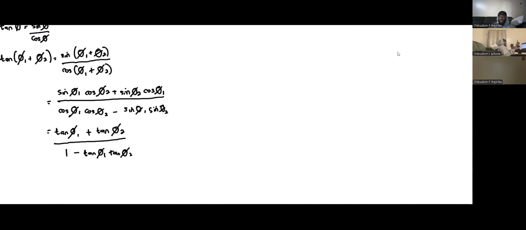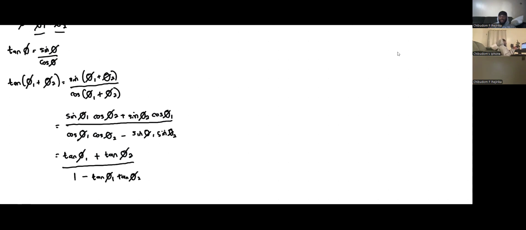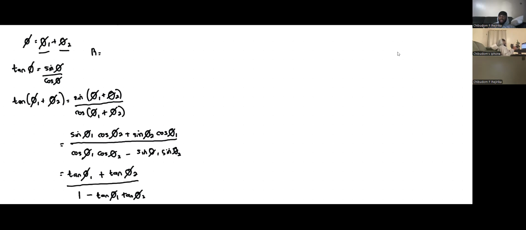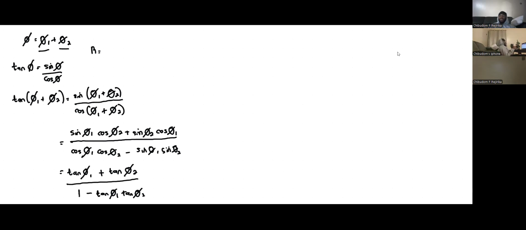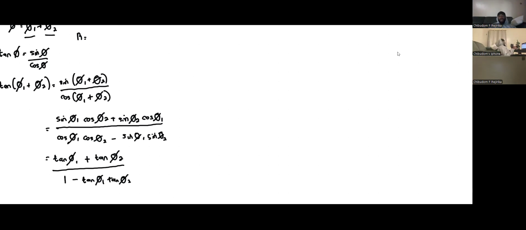We could also say this tangent comes from the fact that we divided by cosine, because we know the R was the cosine and the I was the sine. So we could also say I over R. This is going to be I over R2, and this is 1 minus I over.